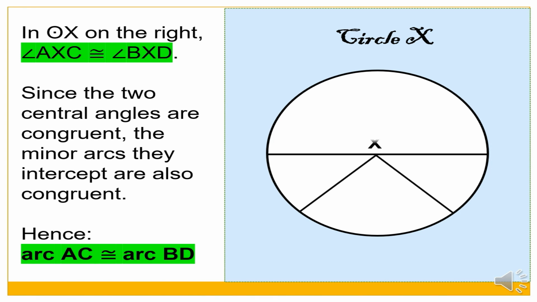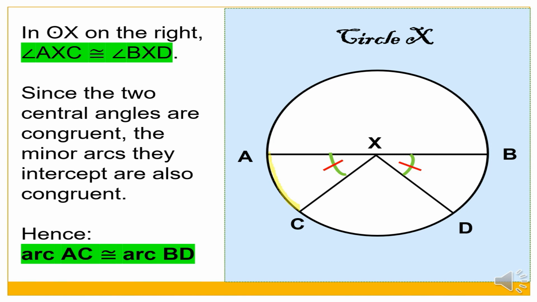Given that angle AXC is congruent to angle BXD. This is angle AXC and this is angle BXD. Since the 2 central angles are congruent, the minor arcs they intercept are also congruent.